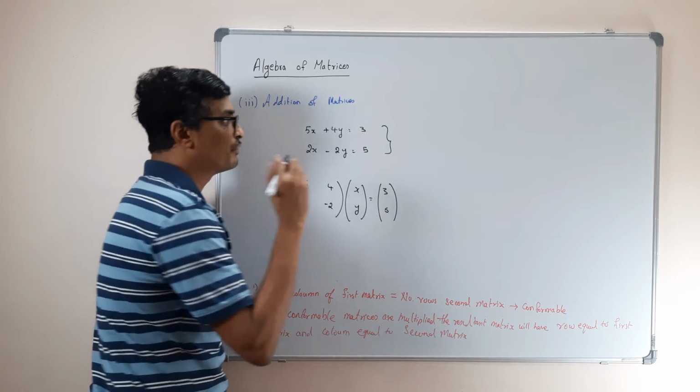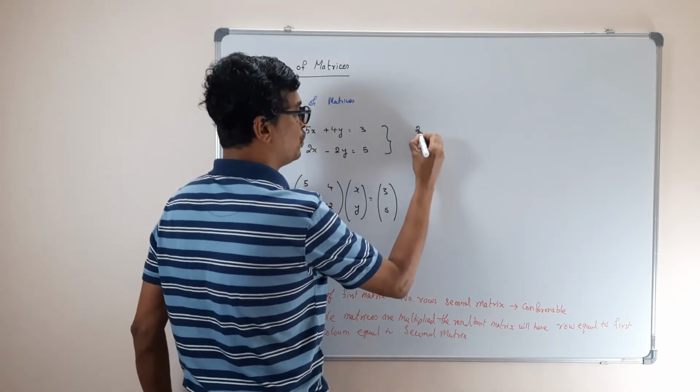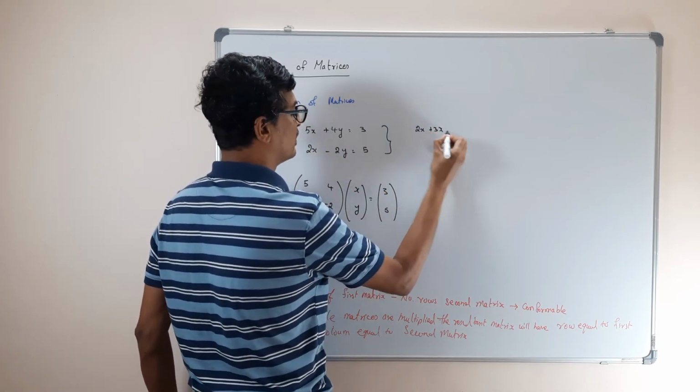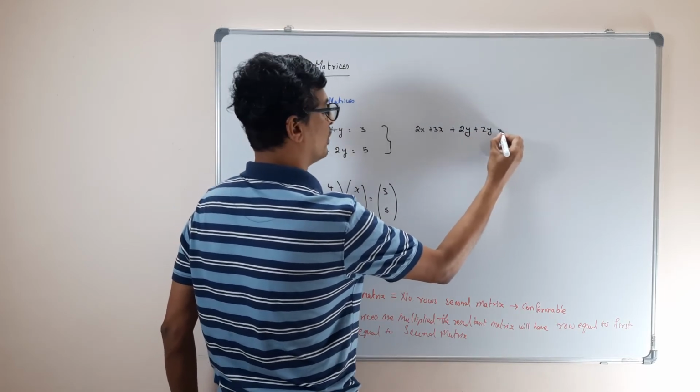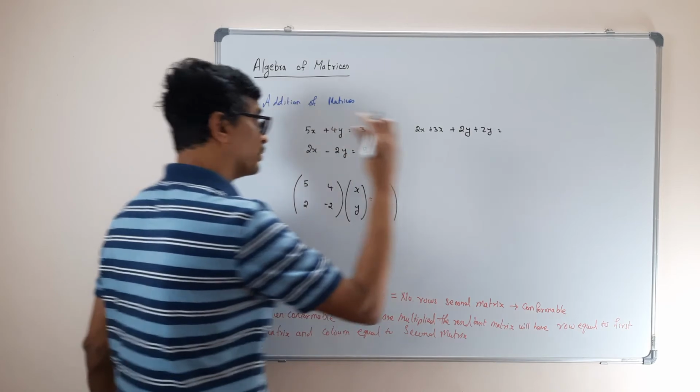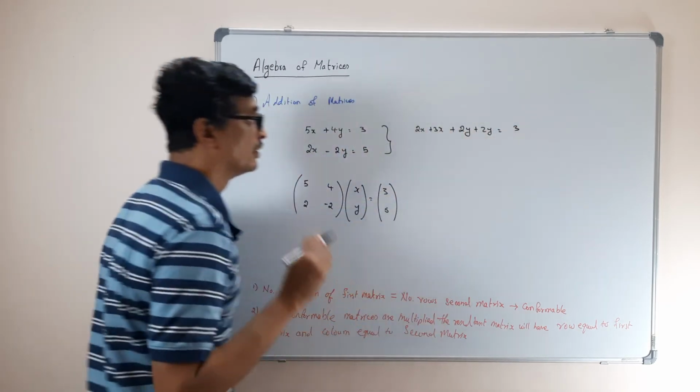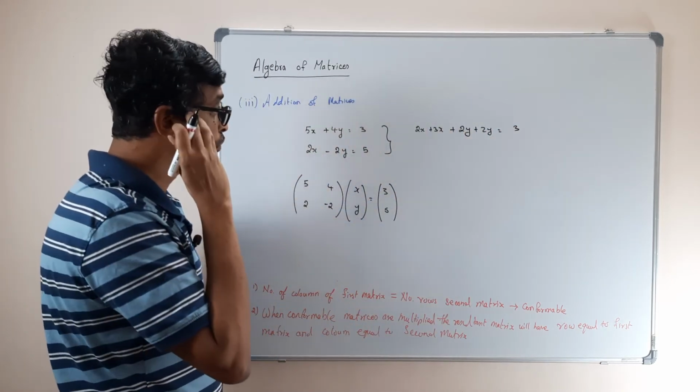If I write it as 2x plus 3x plus 2y equal to 3. Let me write it down like this. Okay.